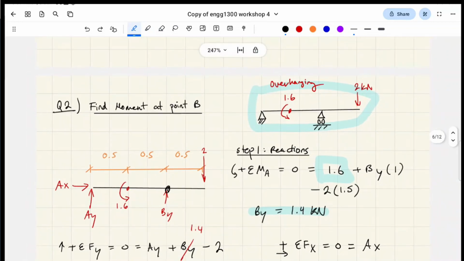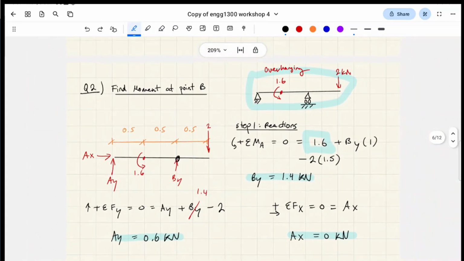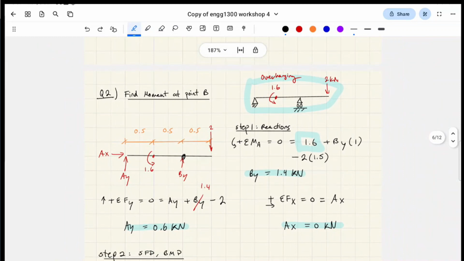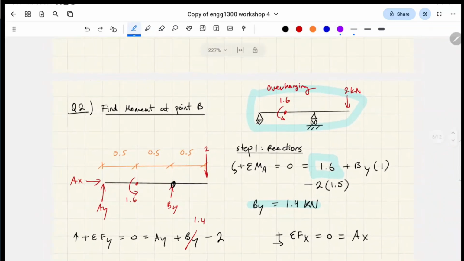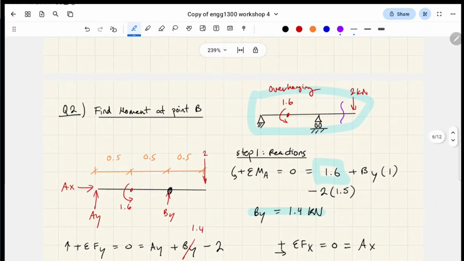All right. So just solve for the support reactions now. The rest of the questions, like find the moment at point B, right? So how the solutions do it online is they take a cut on, I think they call this point C. So that's point C, that's point B, right?